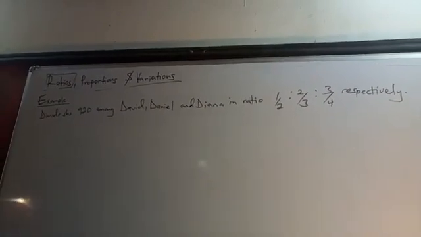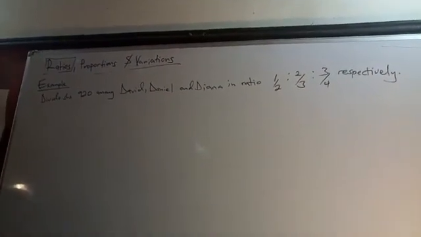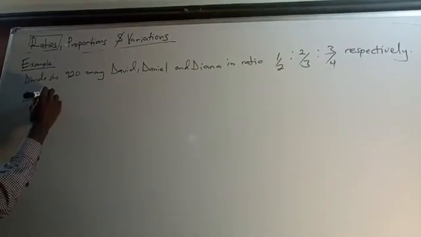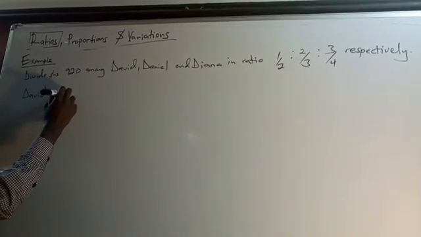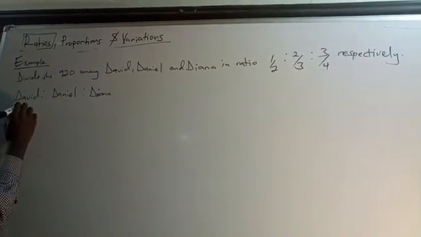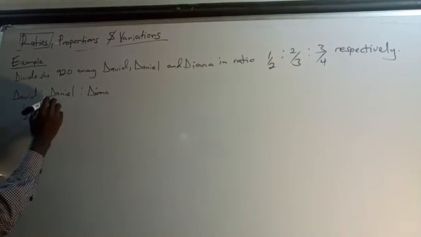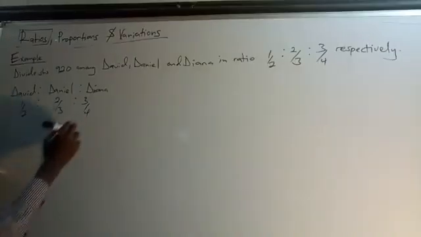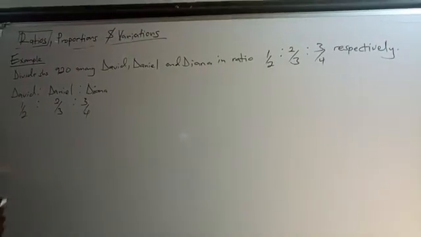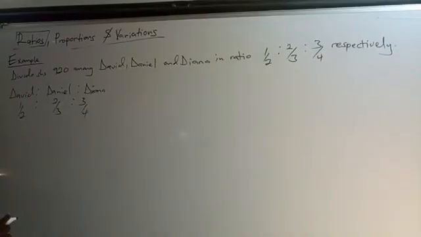So it means that the ratio of David to Daniel to Diana is a half to 2/3 to 3/4. So here we need to simplify these ratios.